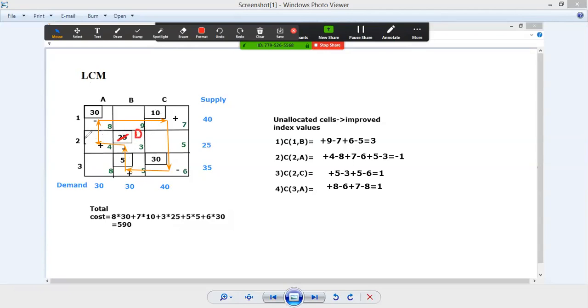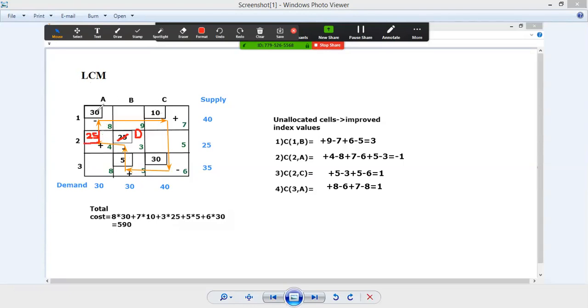Now this particular cell has a plus sign. Here we have a 0 allocation, so 0 plus 25 will be equal to 25. Now the new allocation for this particular cell will be 25.